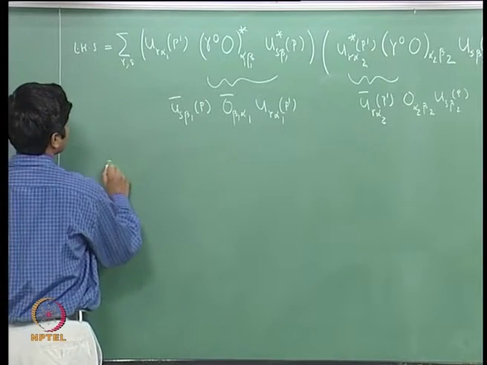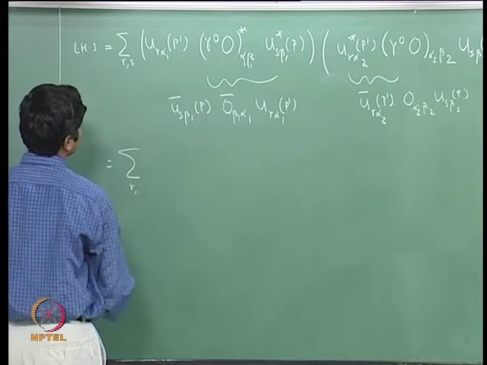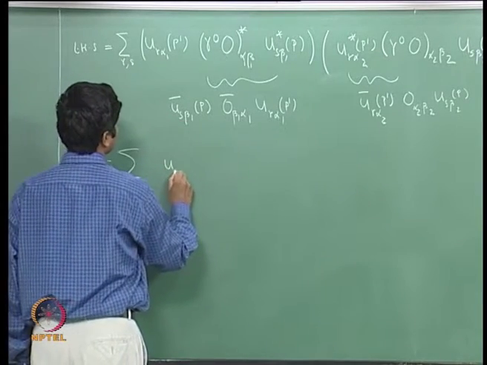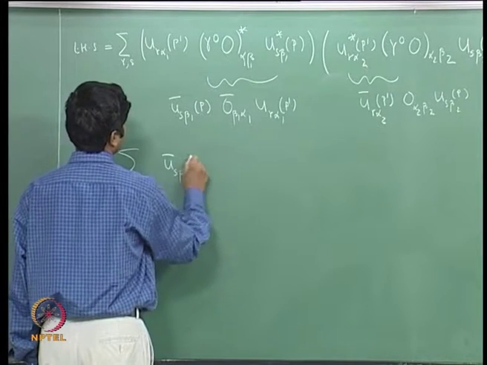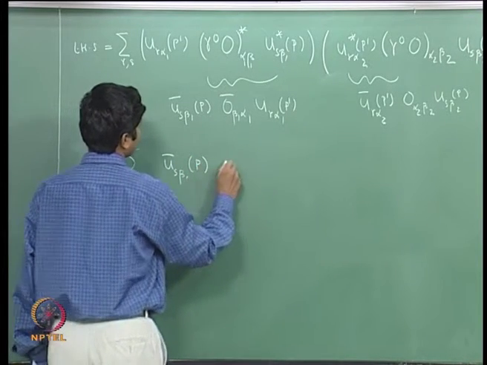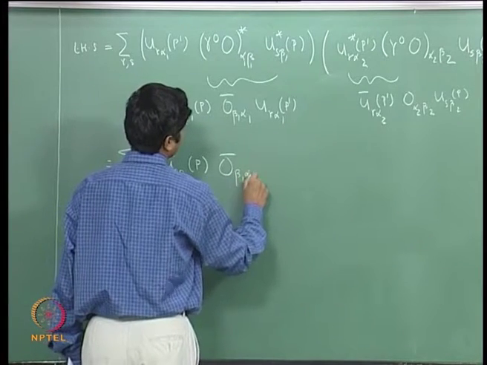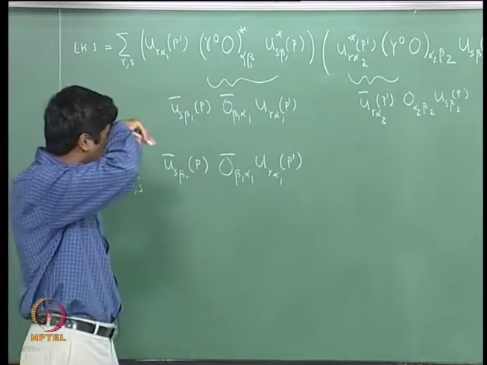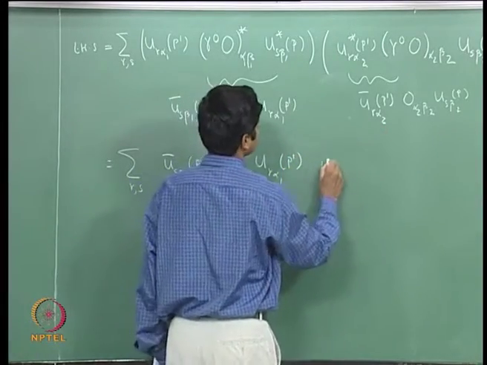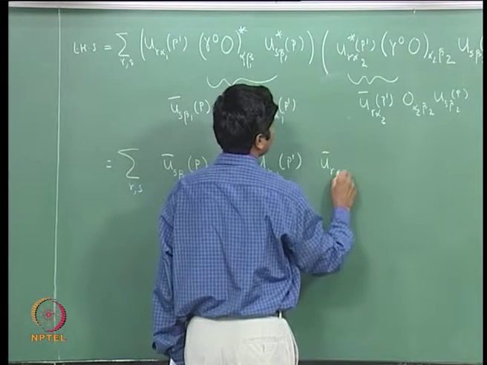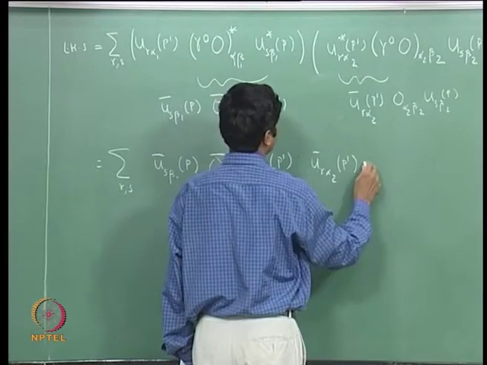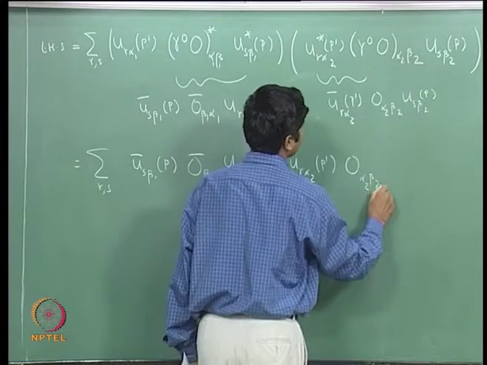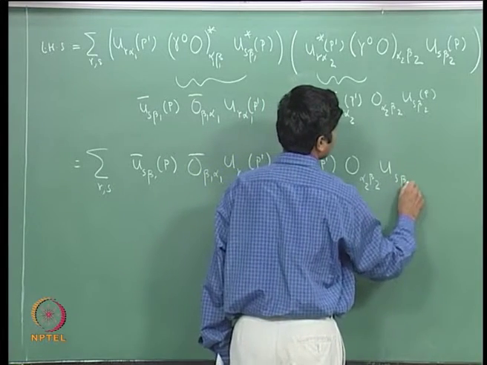So, this LHS is sum over R, S, U s beta 1 bar of P, O bar beta 1 alpha 1, U r alpha 1 of P prime, and then here I will write it as U bar r alpha 2 of P prime, O alpha 2 beta 2, U s beta 2 of P.